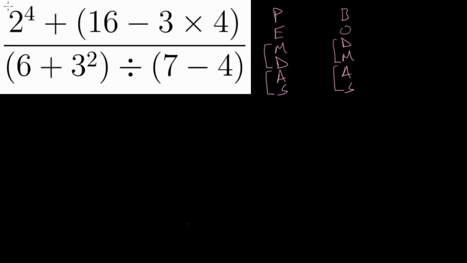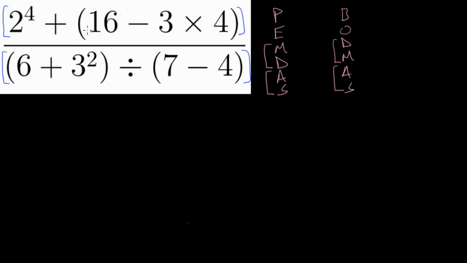Essentially, we need to do the numerator and the denominator separately, and then at the end we can do division there. Once we simplify everything in the numerator and everything in the denominator, then we can actually carry out the division with this fraction bar here. So that's something to keep in mind when you have a fraction like this.